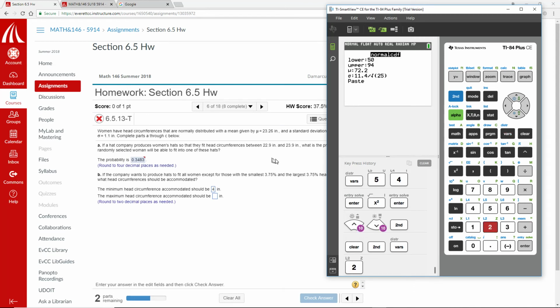My lower bound will be 22.9. My upper bound will be 23.9. My mean of the women's hats will be 23.26, and the deviation is 1.1.